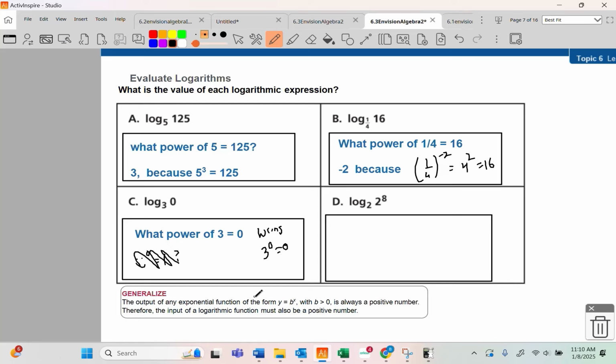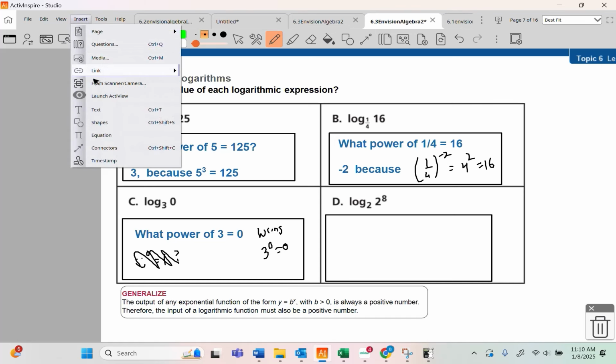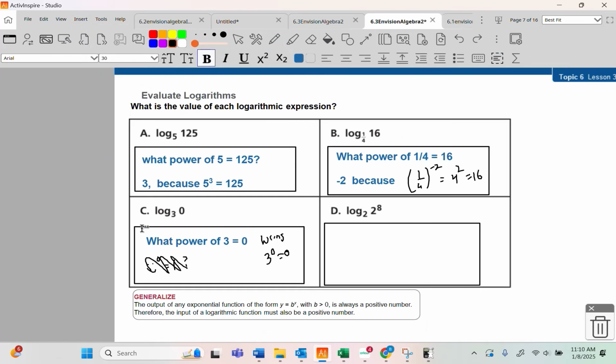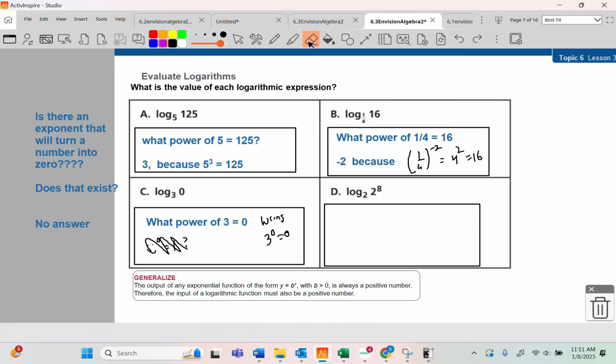So the real question here is, is there an exponent that will turn a number into 0? Does that exist? Pause this, think about this. And the answer is there is no answer to that question. This is unanswerable. It literally does not exist.